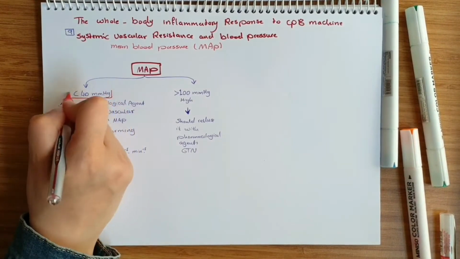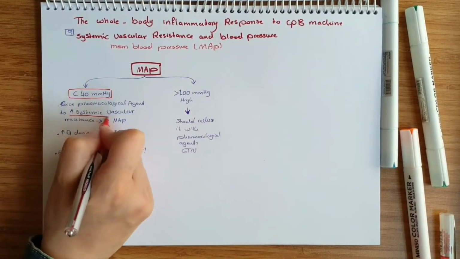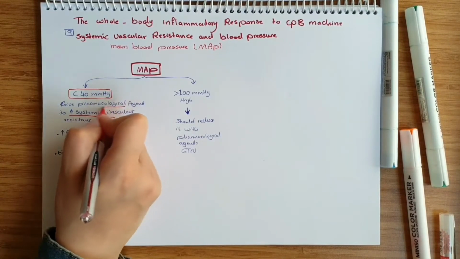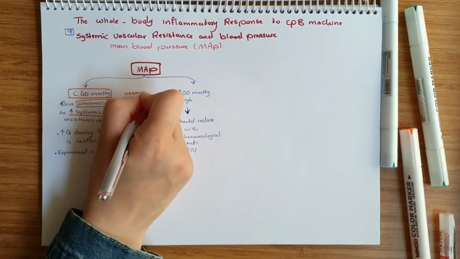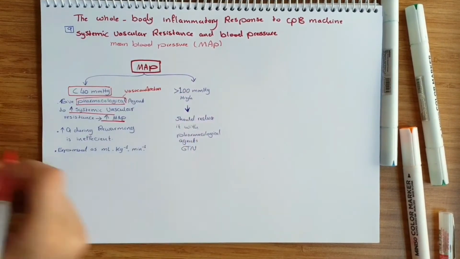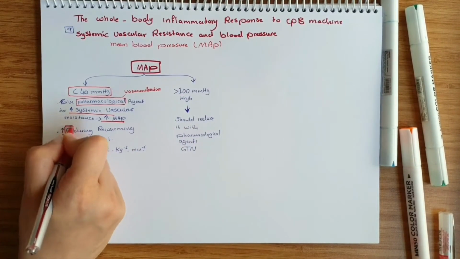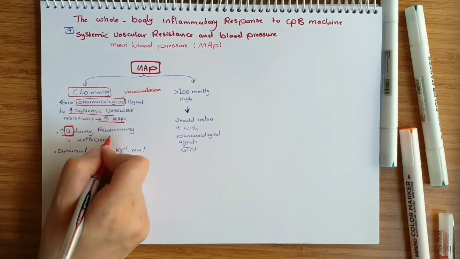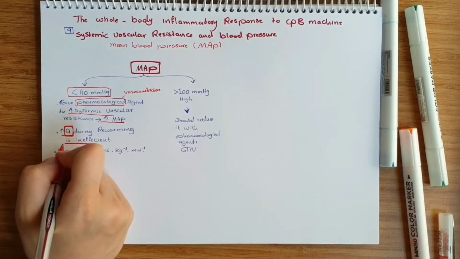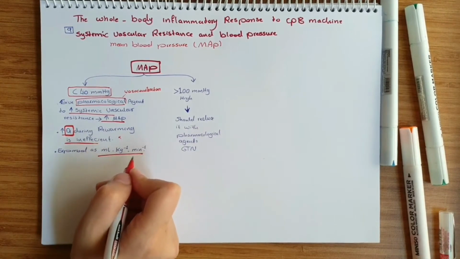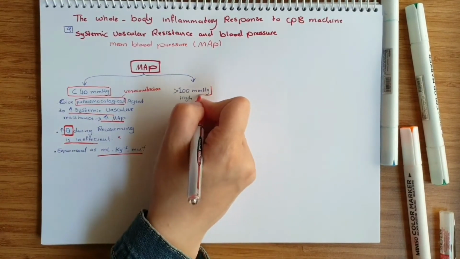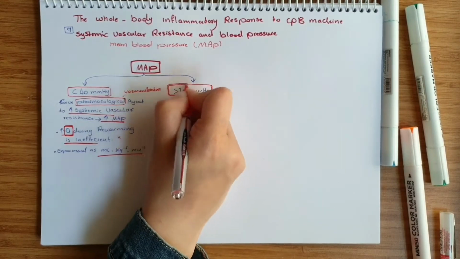Systemic vascular resistance and arterial blood pressure. During rewarming, when there is a significant decrease in blood pressure, less than 40 millimeters mercury, we should rush to the pharmacological agents, the vasoconstrictors, because however we increase the Q, which is the flow from the pump oxygenator, measured in ml per kg per minute, this is insufficient.